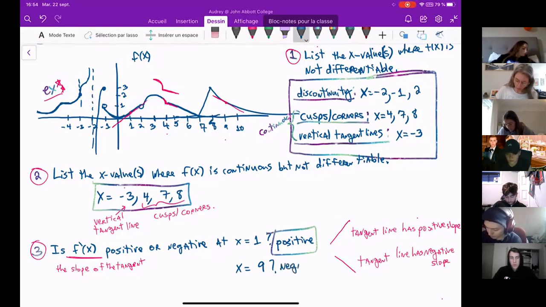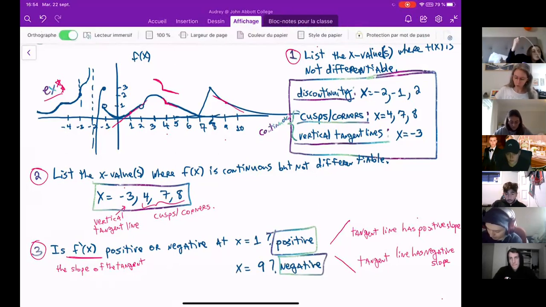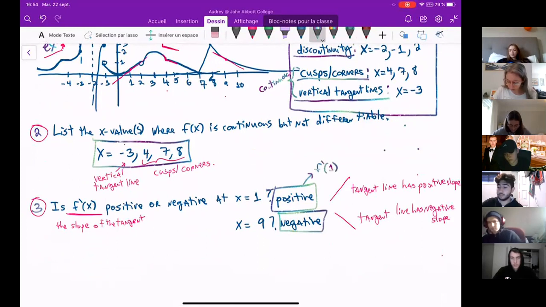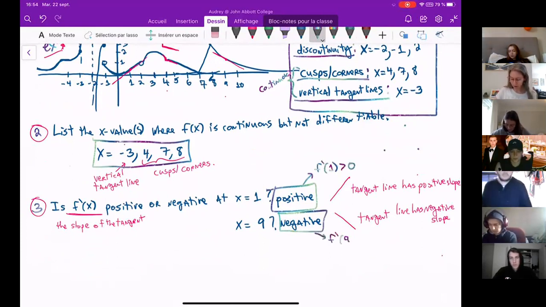I can figure out if the derivative is positive or negative. So to clarify, what this is saying is that f prime of 1 is positive, and this is saying that f prime of 9 is less than 0.